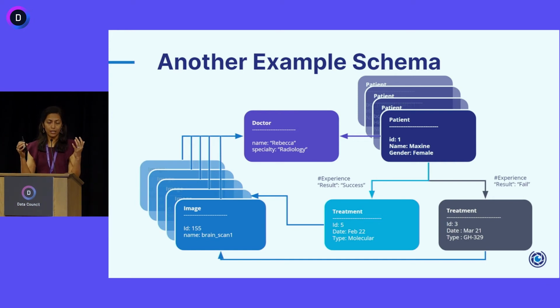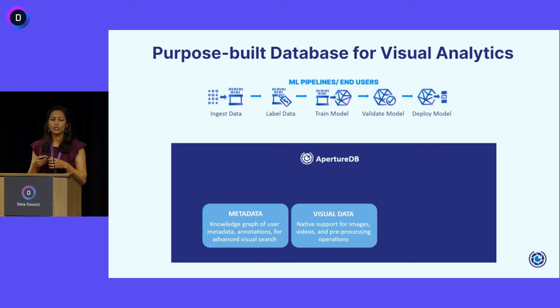It was more specifically a property graph with entities and relationships and then key value properties on all of them. And sometimes you could group them together by classes. So that's why we store or manage the application metadata as a knowledge graph within ApertureDB. And given that we were always thinking about machine learning applications, we manage bounding boxes or annotations as part of this metadata to allow you to do label-based searches.